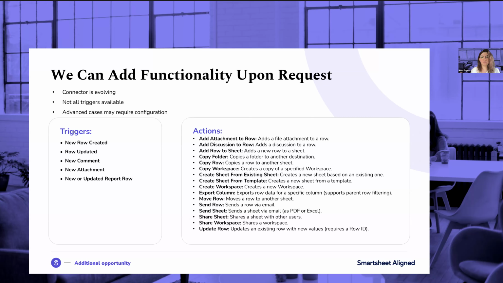Of course, more functionality could be possible, for example, adding attachments, adding a discussion to a row, adding data to Smartsheet, copying workspaces. So there could be more functionality and triggers. This is something that we will be happy to discuss with you and add as a project working with you. Currently, the connector that you can use from tomorrow is the one that Valentin has shown you on the screen.